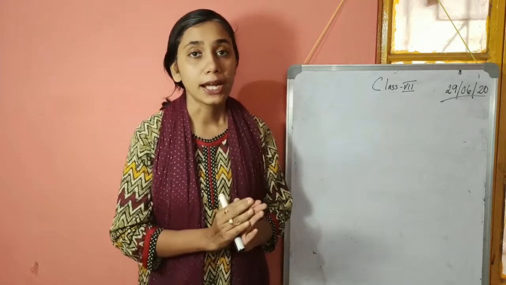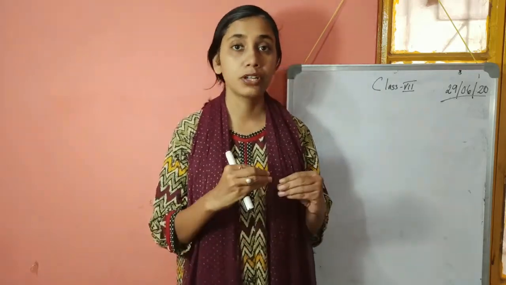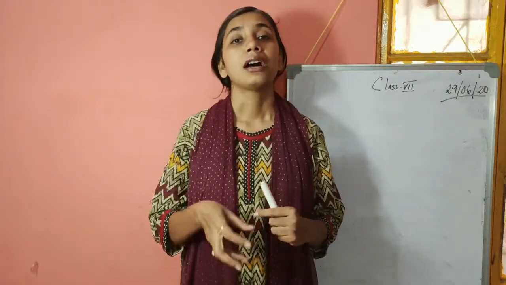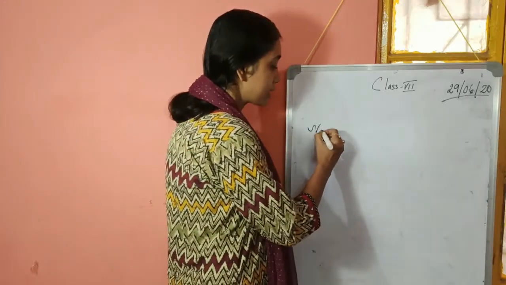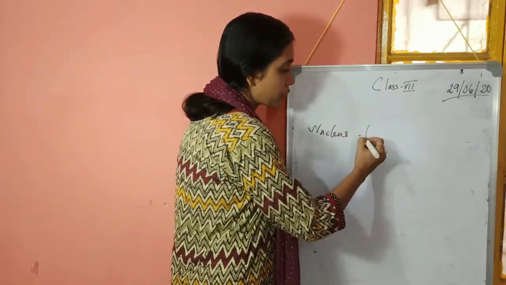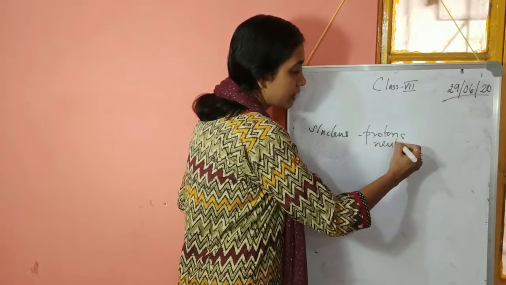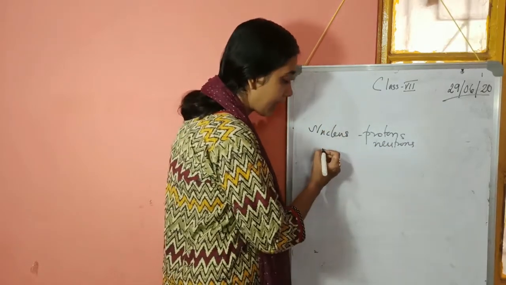Last day we started with this, that every atom is made up of a nucleus and an extranuclear part, and in the nucleus there are proton and neutron. Proton is positive and neutron is neutral, and outside of the nucleus electrons are there in individual shells. So the nucleus contains protons, which are positive, and neutrons, which are neutral, and outside of the nucleus there are orbits.